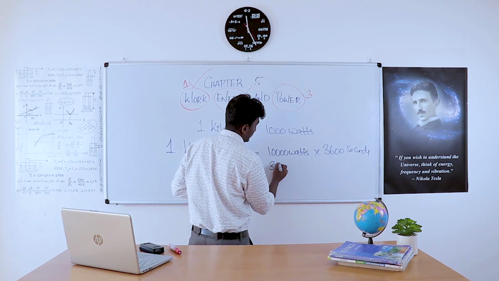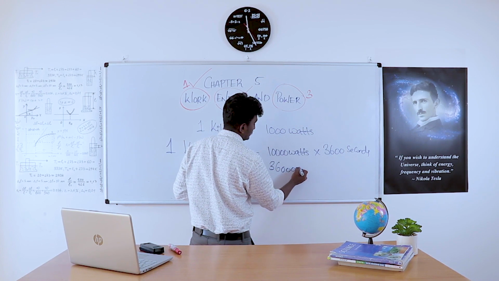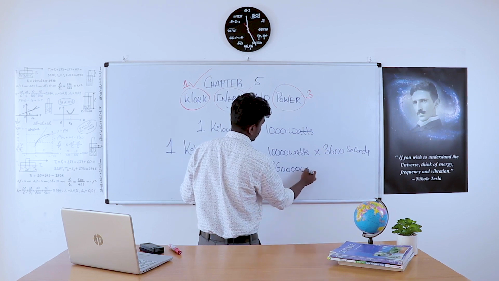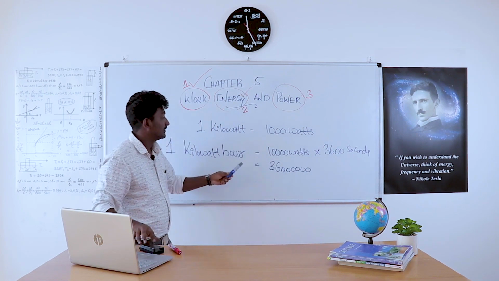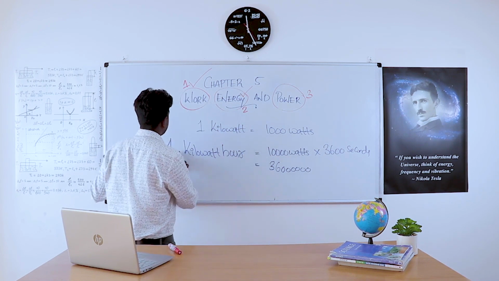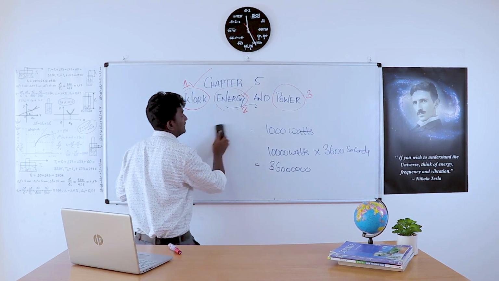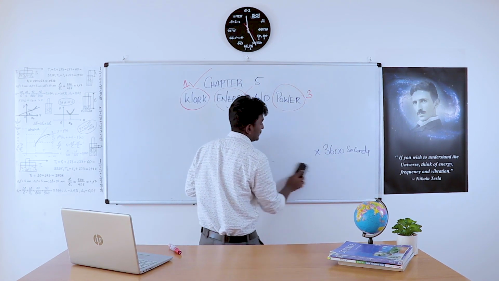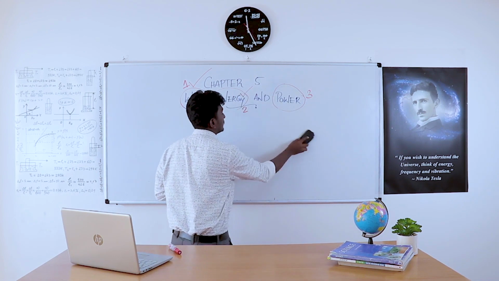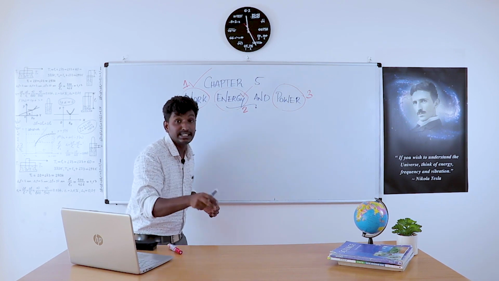Multiplying, 1 kilowatt hour is 1000 watts into 3600 seconds. This is the larger and commercial unit. Remember, whenever you are asked about the commercial unit, it is the kilowatt hour.